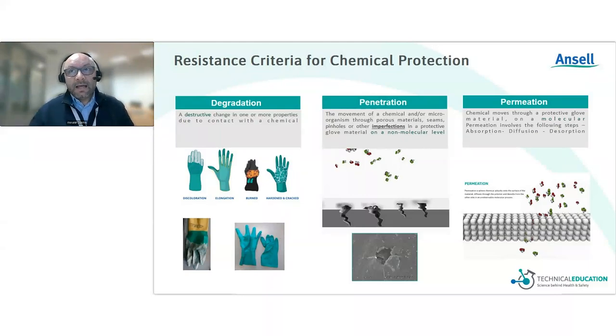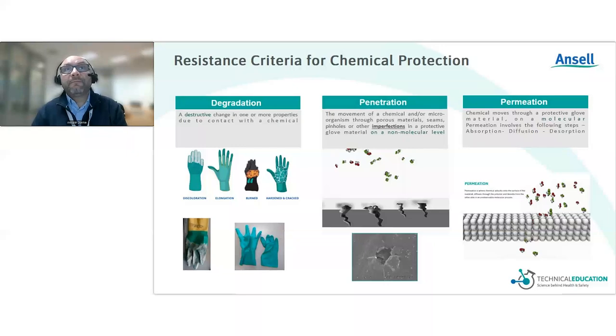So liquid chemicals can interact with the glove material, destroy it, and degrade the glove. It's important to check the degradation before choosing the PPE or the material. The second one is penetration. Penetration is the movement of the chemical through some imperfection of the glove.